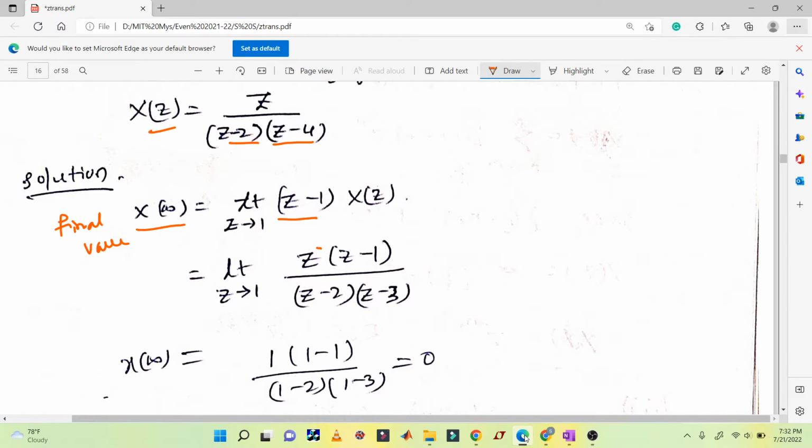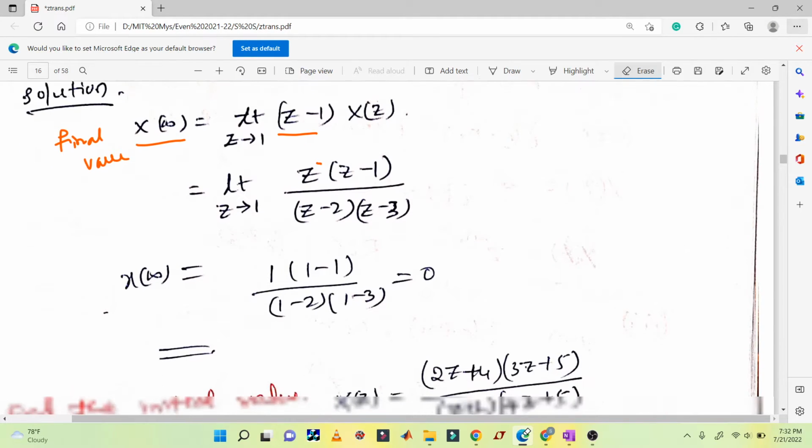Now here we cannot cancel out anything. Earlier we cancelled because in the denominator there was a term z minus 1. Here it is not possible. That's why directly we have to substitute z tends to 1. So when we substitute, the answer will be 0. So x of infinity, our final value, will be 0.